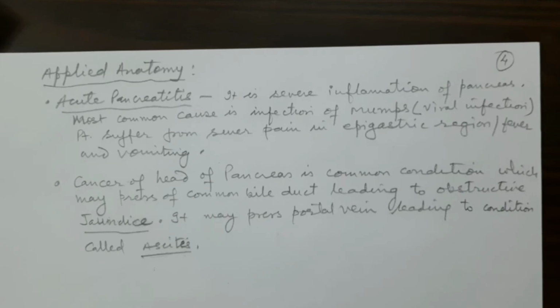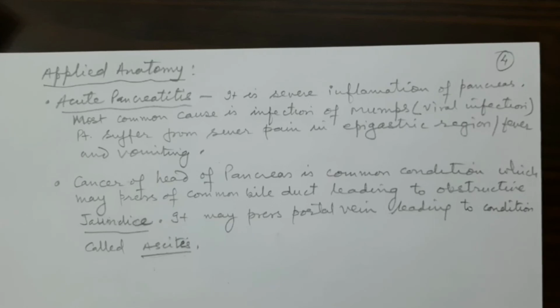So the condition is called jaundice. You see it in the conjunctiva: your eye will look yellow, your nails will start looking yellow, and your skin too, because of the deposition of the bile pigment. That condition is called jaundice, and it is because of the cancer in the head of the pancreas.